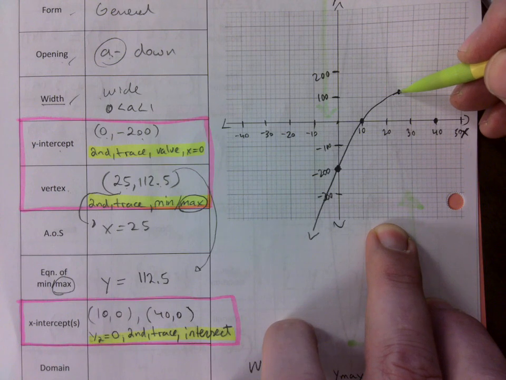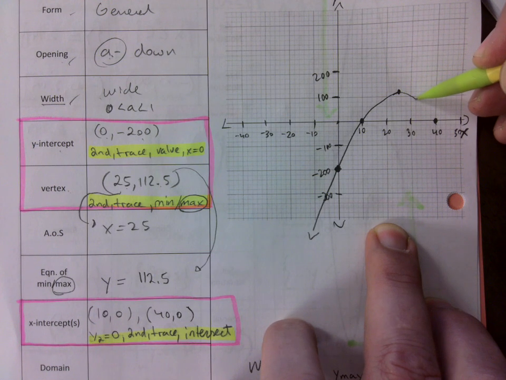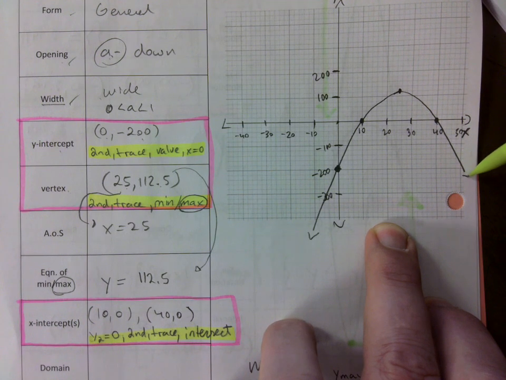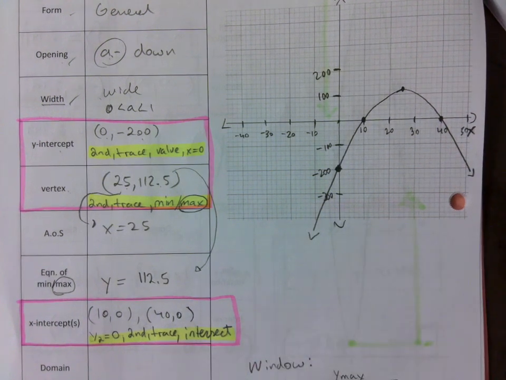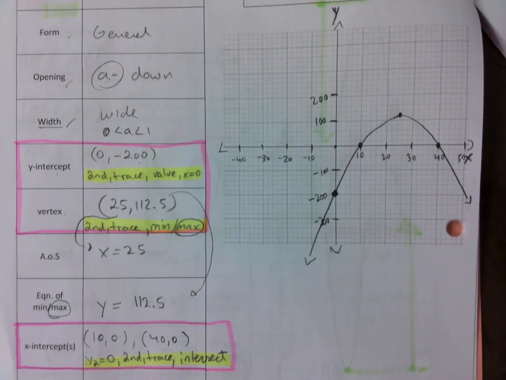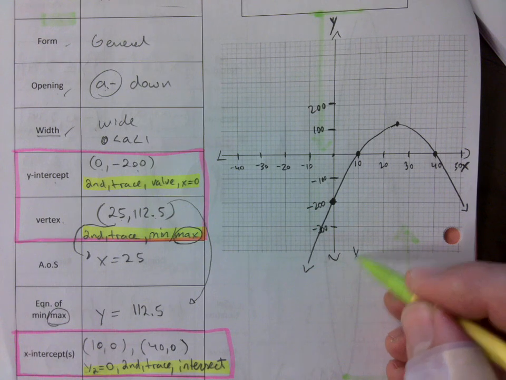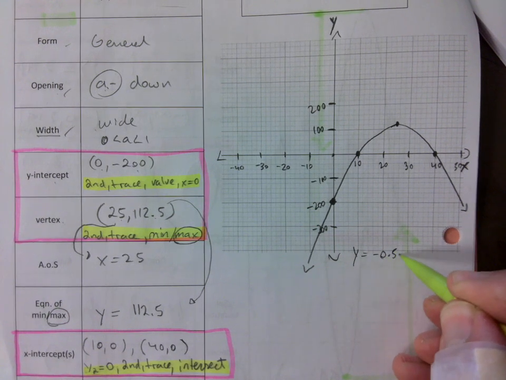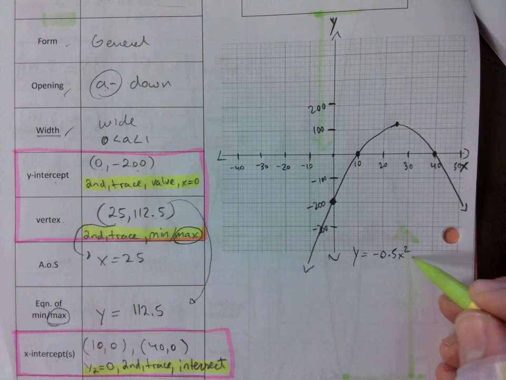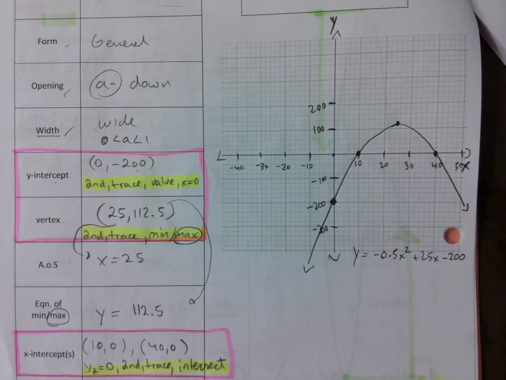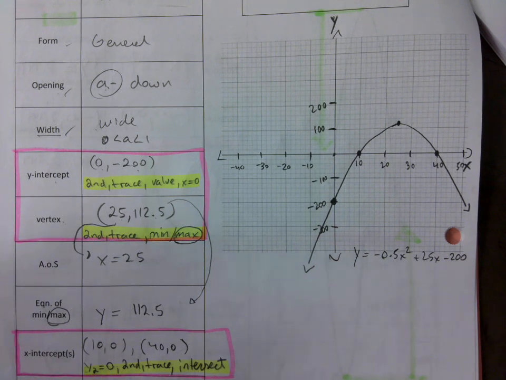Go out a little bit to the side, then you curve in. And try to make it symmetric if possible. The only thing that's missing here is the equation itself. So this would be y is equal to negative 0.5 x squared plus 25x minus 200. Voila, right?